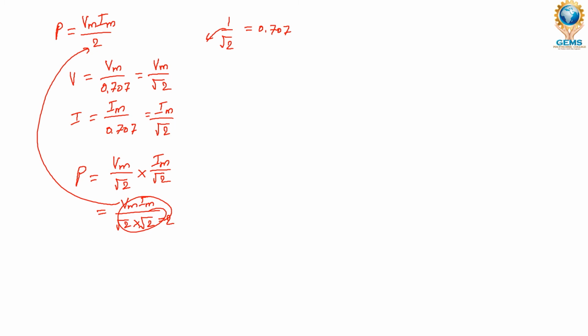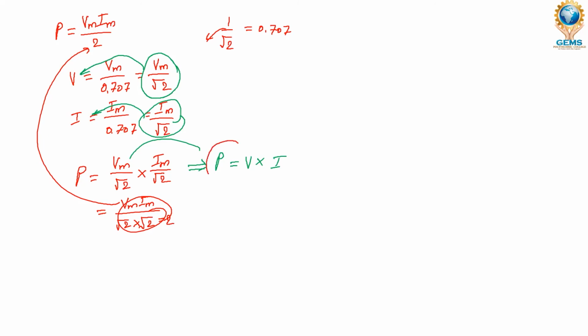Now, the Vm by root 2 value is V, and the Im by root 2 value is I. So power equals V into I. This is the power formula in a resistor.